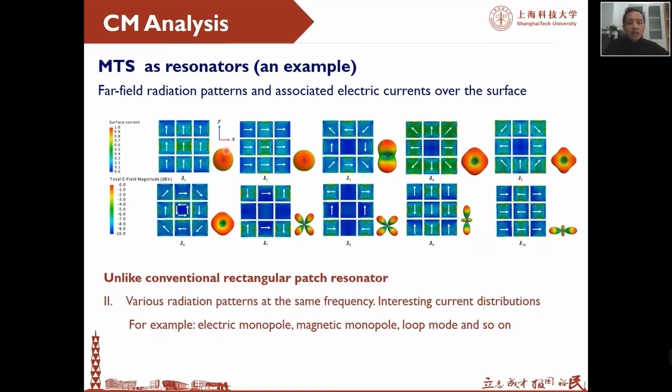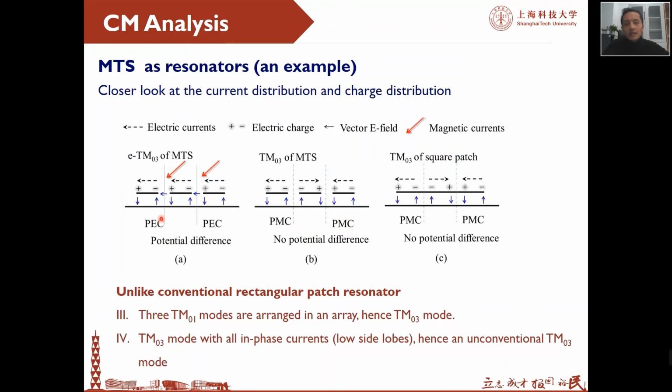In order to figure it out, we can plot the fields between the metasurface and the ground plane, and we see that it's different because for the third order mode of a rectangular patch, we have the currents over the patches: left, right, left. We have an antiphase current. We have a main lobe in the broadside direction, and we also have the side lobes.